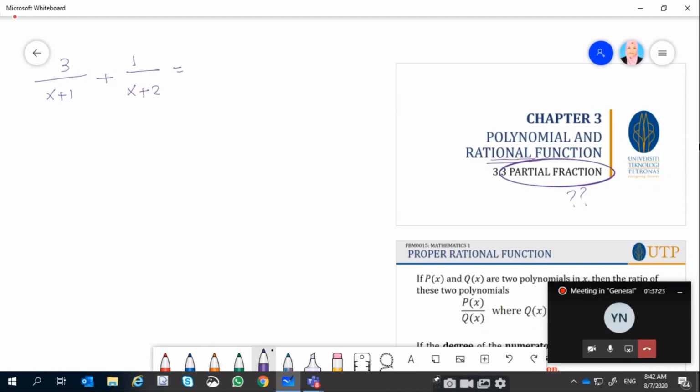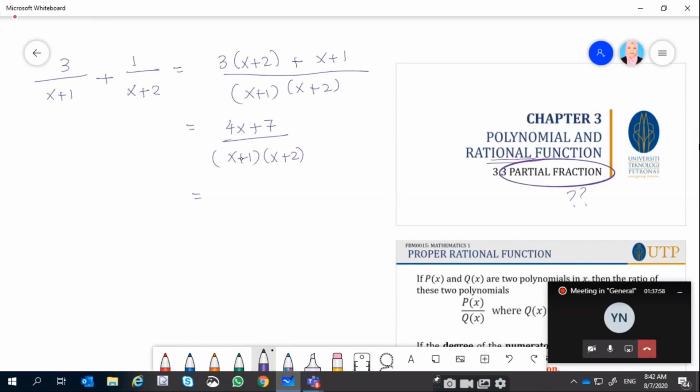First, convert the denominators to be the same, since we want to express it as a single fraction. So we have s plus 1, s plus 2, and then simplify the numerator part: 3 times s plus 2, plus 1 times s plus 1.